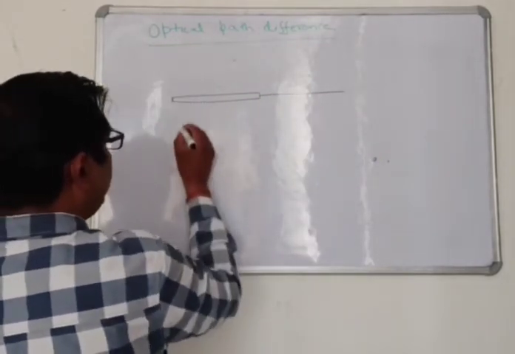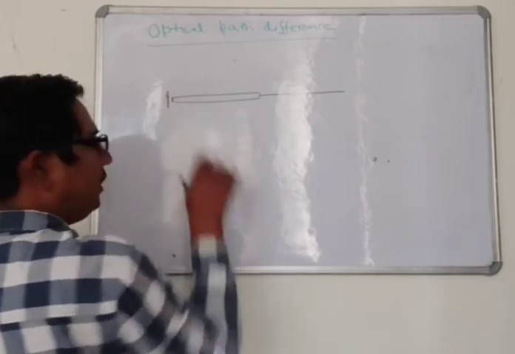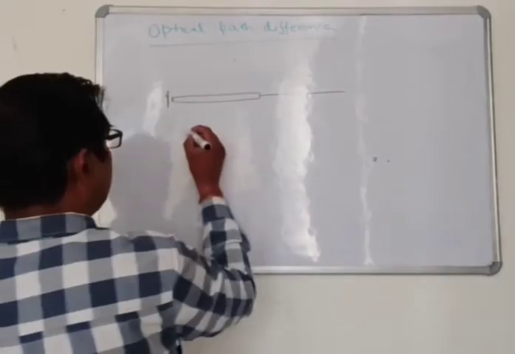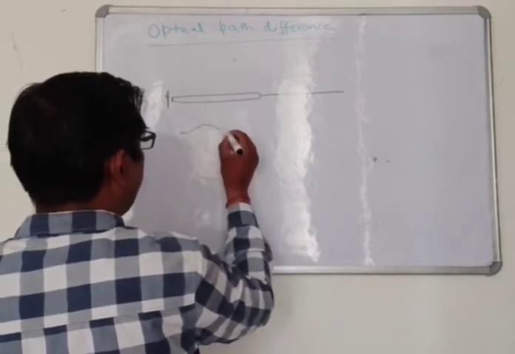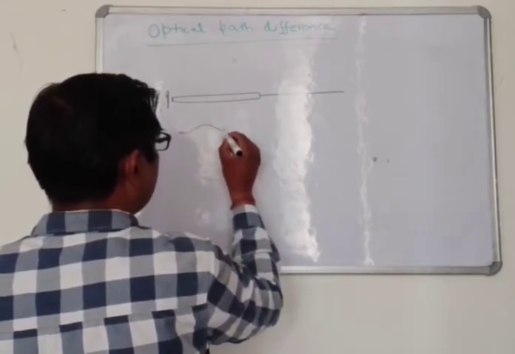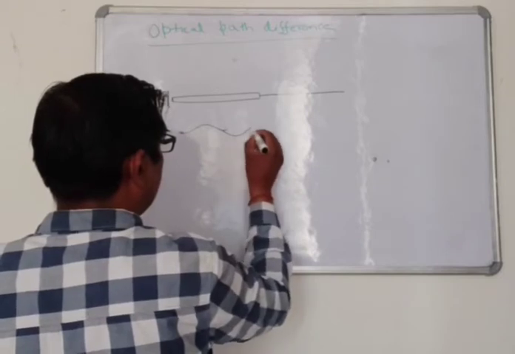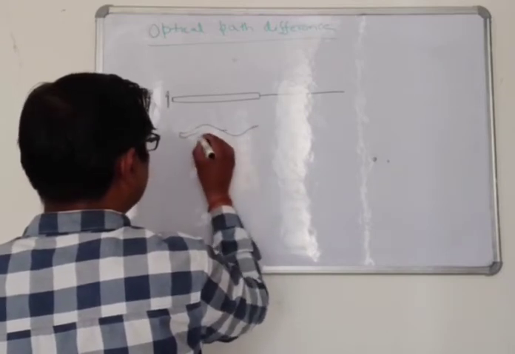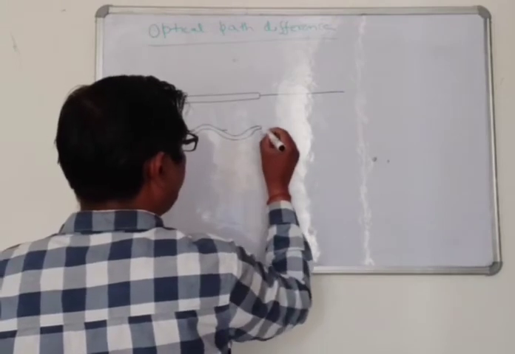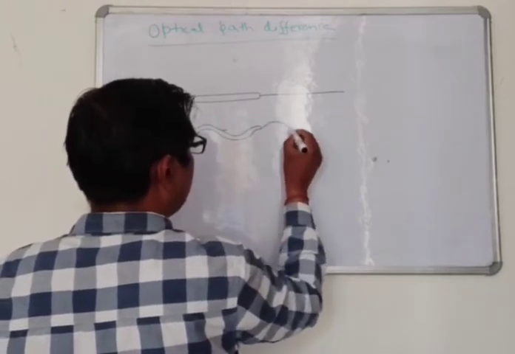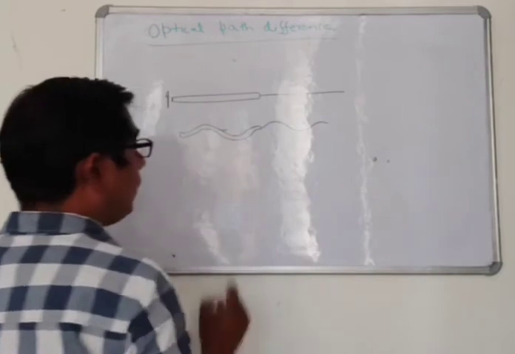Now you will generate a wave from this end. Simply you will give the vibration. What will happen? The wire will generate a wave like that, and the rope will also generate a wave like that.